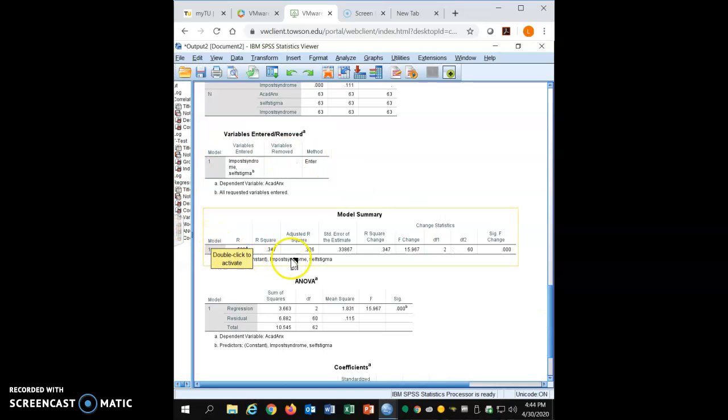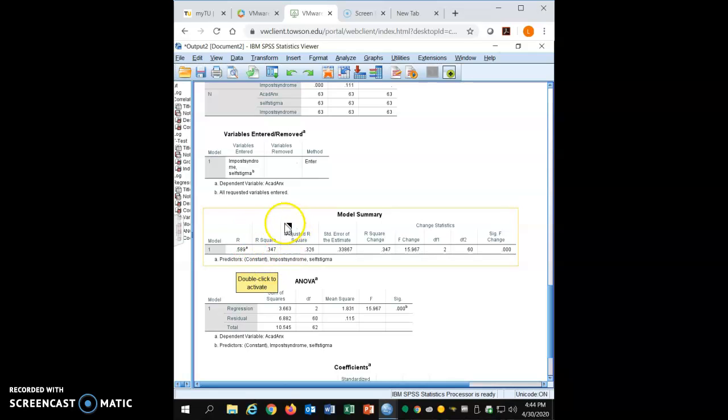And if you recall, I mentioned that when you do a regression analysis, it's going to give you a big R, or what we call the multiple R, and that tells us what's the association between all of the independent variables, so in this case, both imposter syndrome and self-stigma, with our dependent measure or academic anxiety, and it gives us a big R, so a multiple correlation of 0.59.